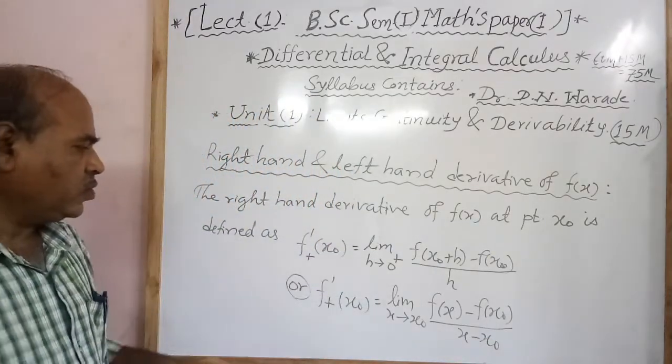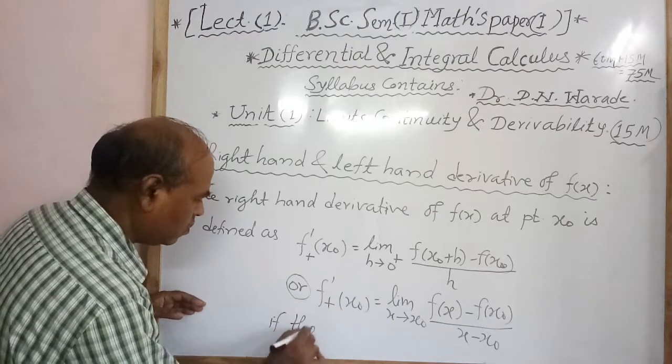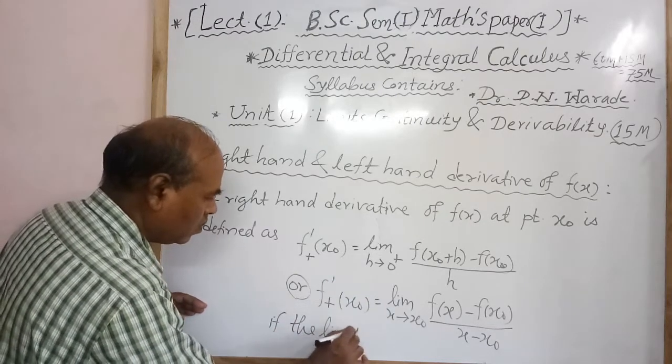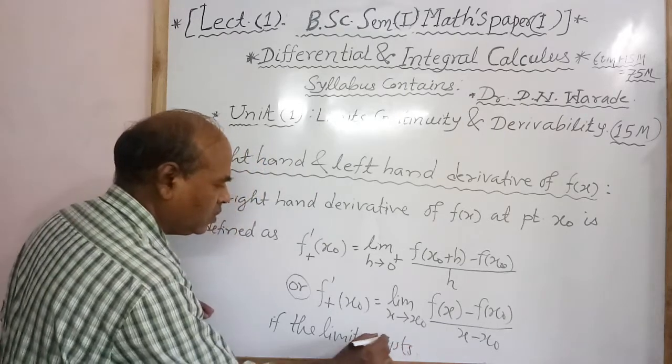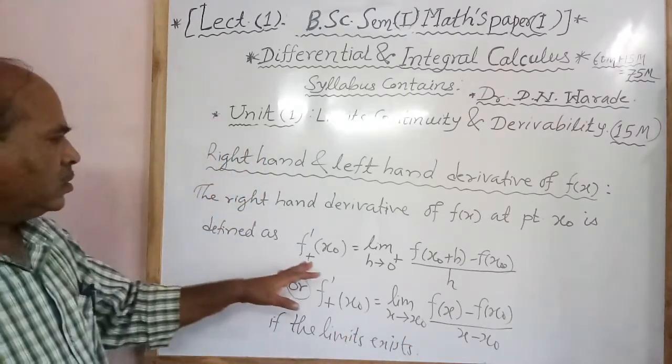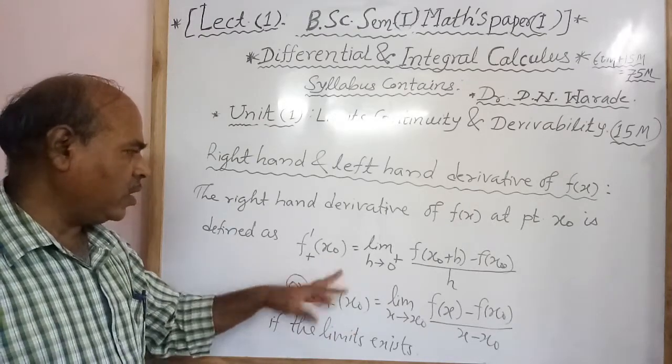These are the two definitions. If the limits exist, then we say that this is the right hand derivative at the point x0.